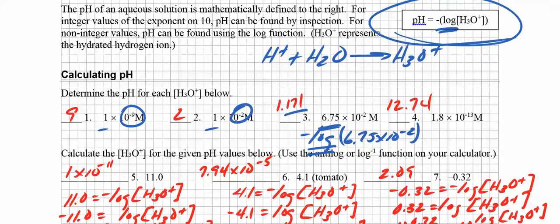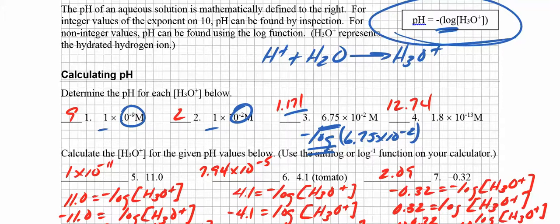Now, it looks like in 1.171 there are 4 significant digits, but in fact, the significant digits happen after the decimal for logarithms, or in this case, pH. So we're going to report our pH as 1.171 because we want 3 numbers to the right of the decimal, because we've got 3 numbers in this part of the molarity.